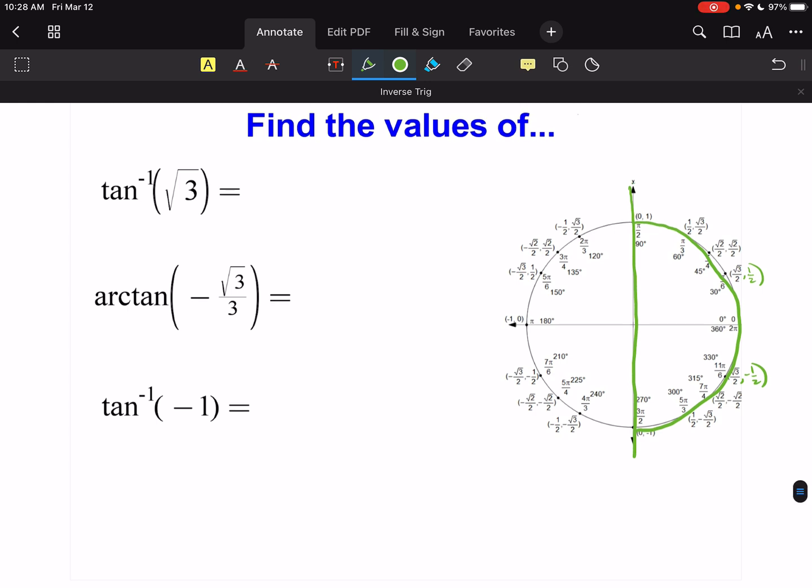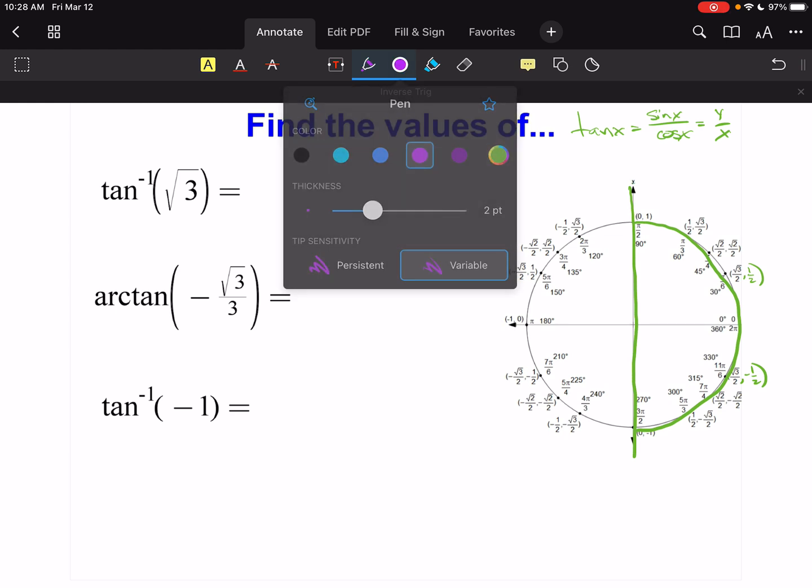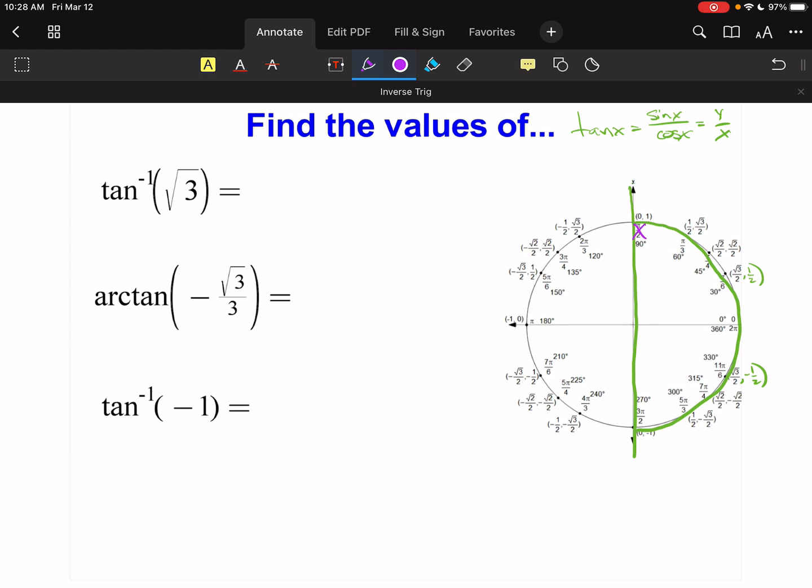Think about what tangent is: sine of x over cosine of x, so y over x. If the y value is 1 and the x value is 0, that's when it's undefined. So that means we can't have values here or here.